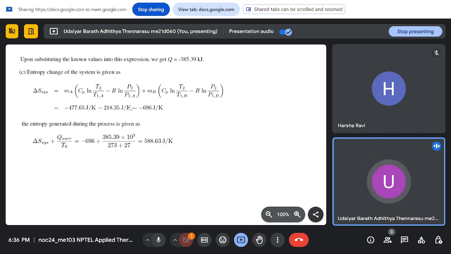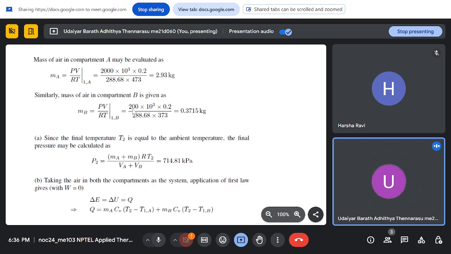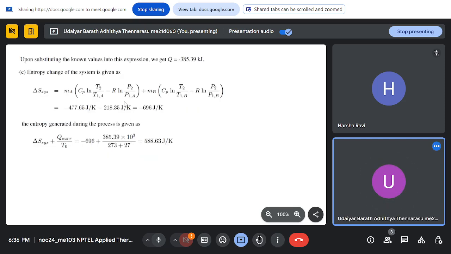We have already found out P2, which is 714.81 kilopascal, and P1A is 2 megapascal. So substituting that, we'll get the entropy change for just the mass of air A. Similarly, we have to find it for MB. That will give me the total entropy change in the system, which comes out to be minus 696 joule per Kelvin.